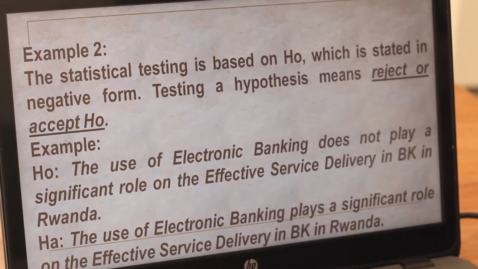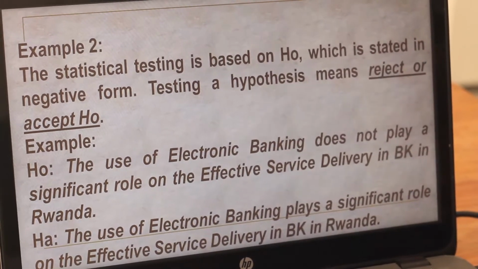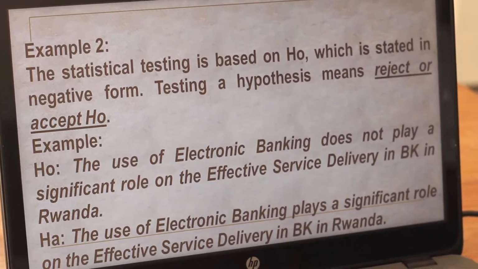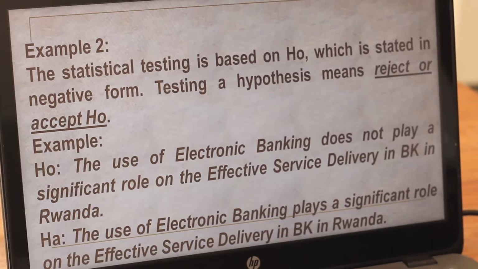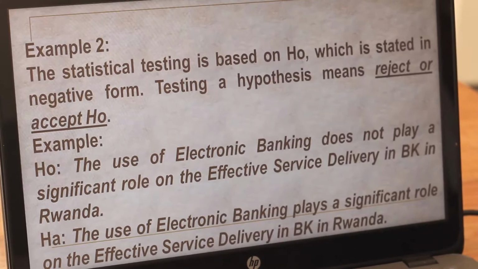In alternative hypothesis, it will be: the use of electronic banking plays a significant role on the effective service delivery in Beka, in Rwanda. That is the alternative hypothesis.